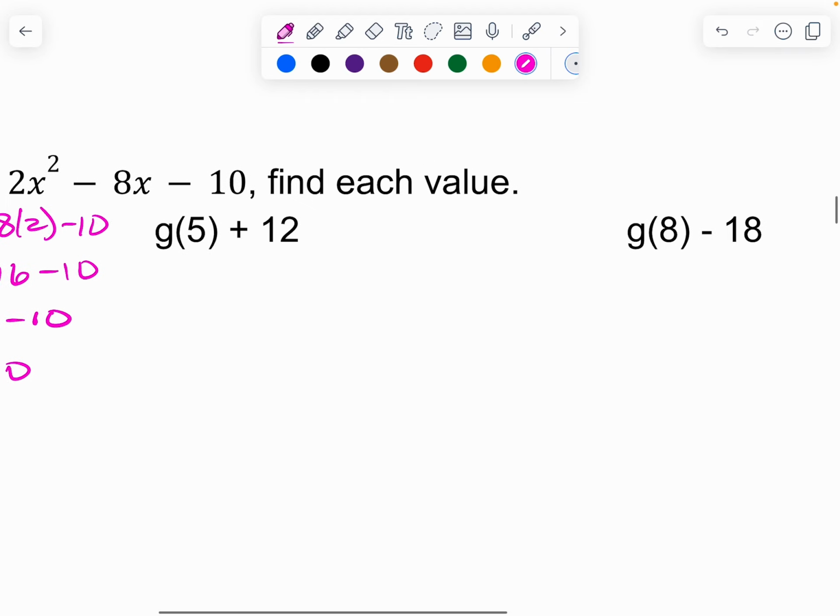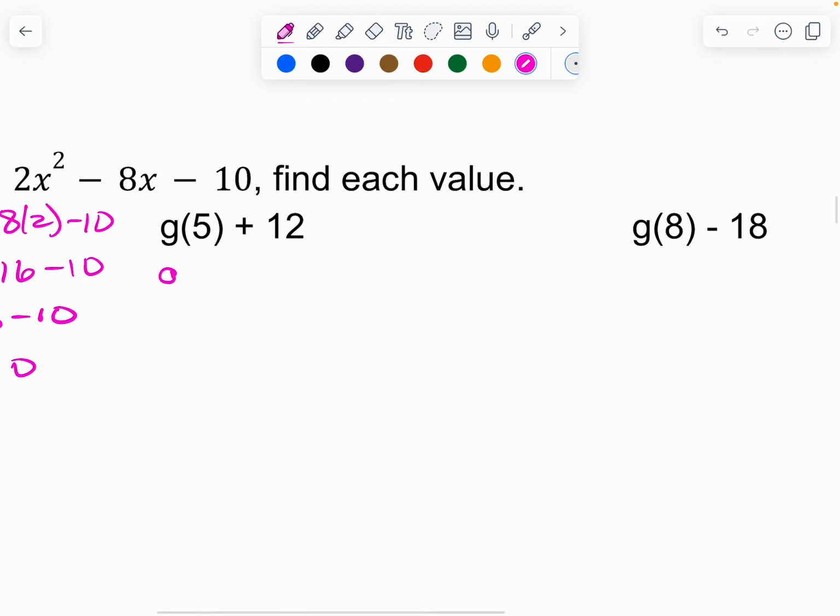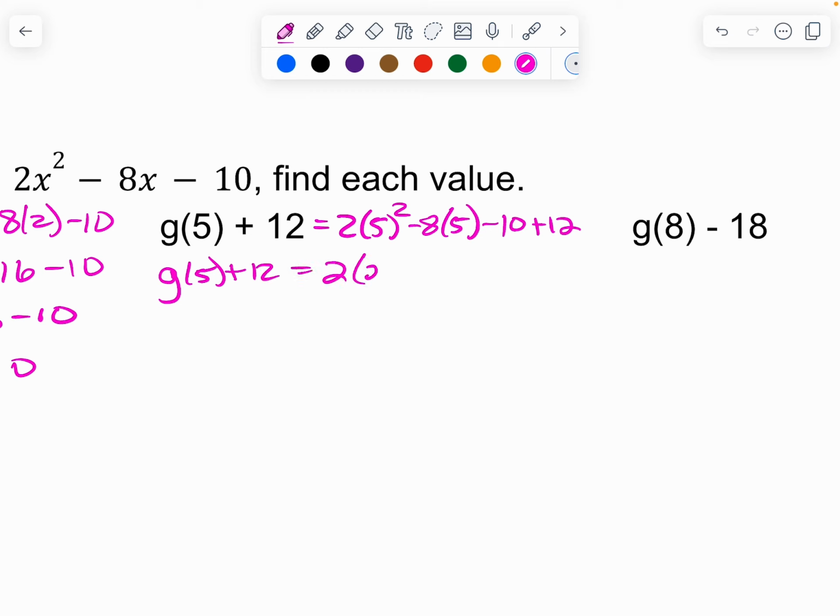Okay, so this one, I replace, oops, I'm going to just do it over here. So we have 2 times 5 squared minus 8 times 5 minus 10 plus 12. So G of 5 plus 12 equals 2 times 25 minus 40 minus 10 plus 12.